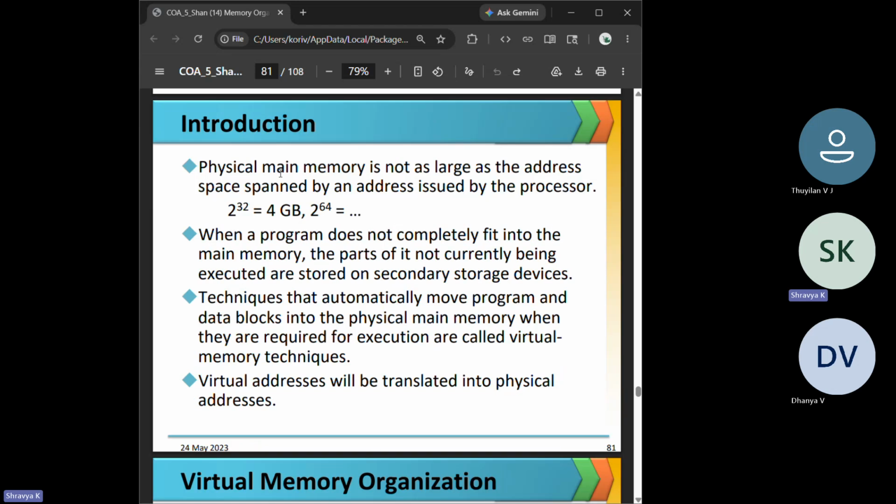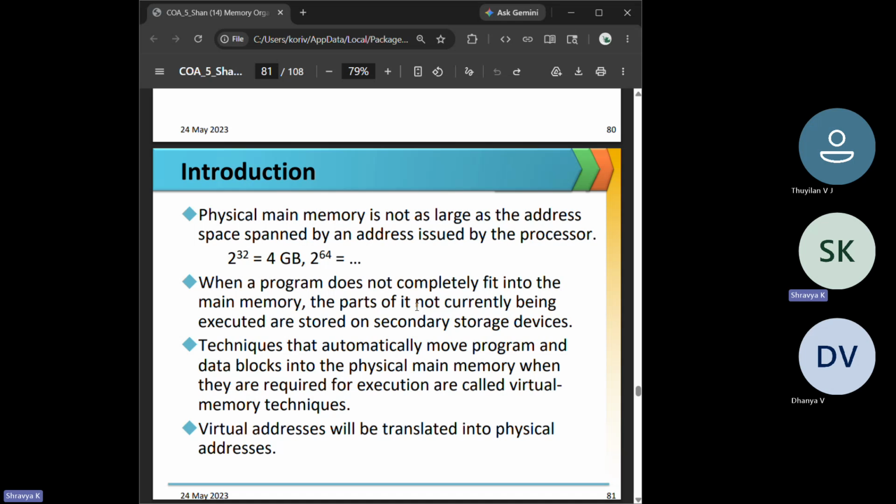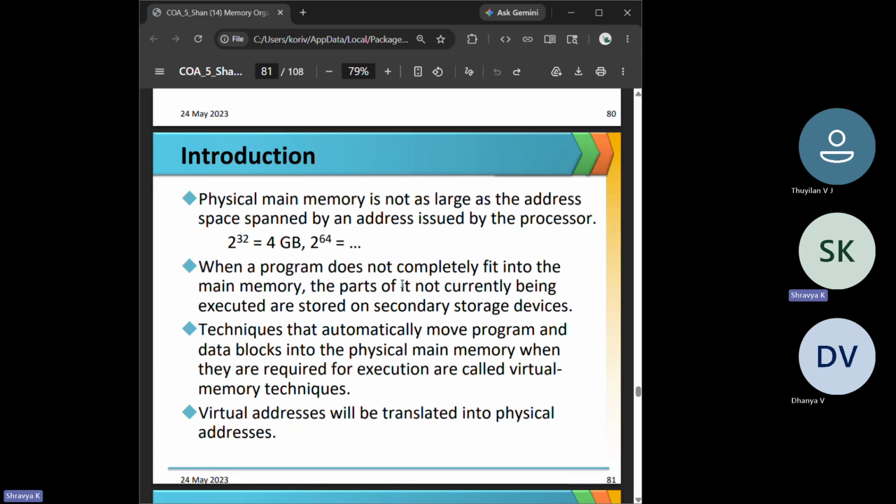The processor requires more address points, or more memory, than what the physical main memory can offer. So when a program doesn't completely fit into the main memory, parts of it are not currently being executed, and those parts are stored on secondary storage devices, right?